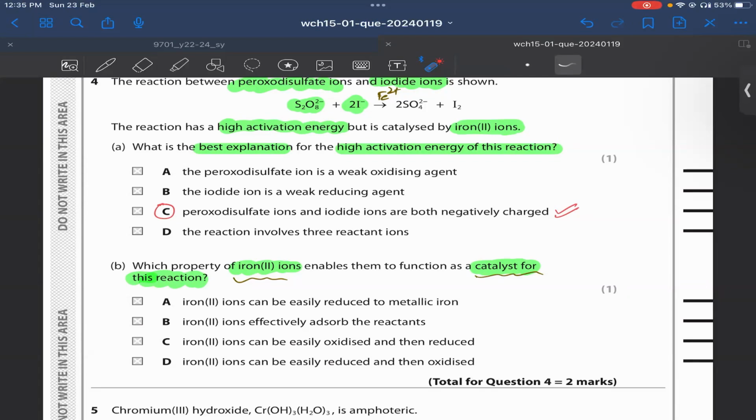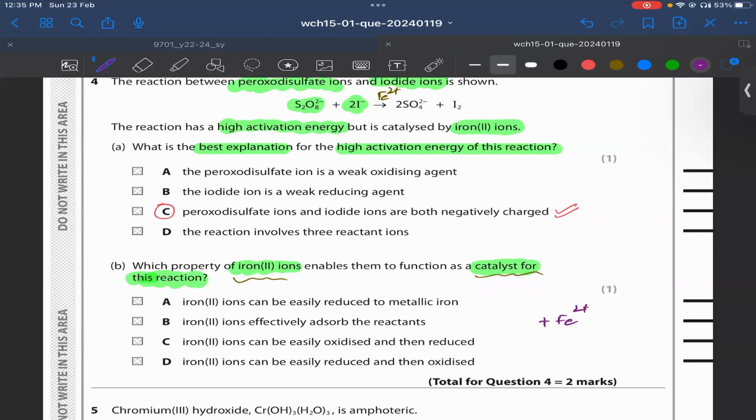Because it is homogeneous catalysis, we know that there will be some change in the oxidation number of the catalyst. The catalyst itself will get involved in the reaction. Fe2 plus ion, like we discussed in theory, will itself get oxidized during the process. So Fe2 plus will oxidize. It will act as a reducing agent.